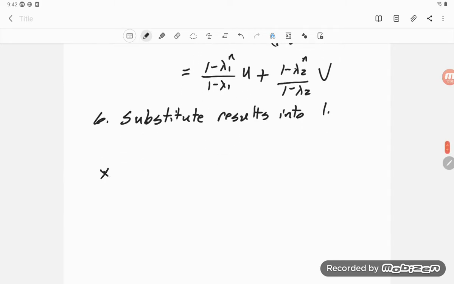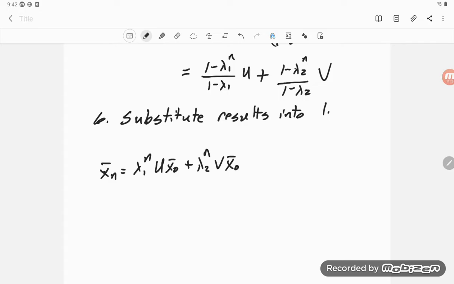And we have x sub n is equal to lambda 1 to the n, u times x0, plus lambda 2 to the n, v times x0.